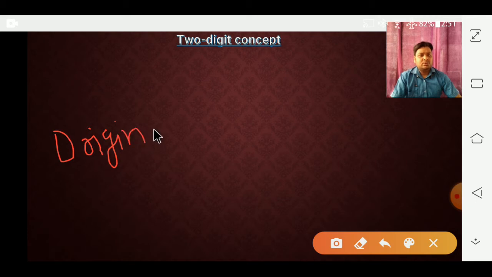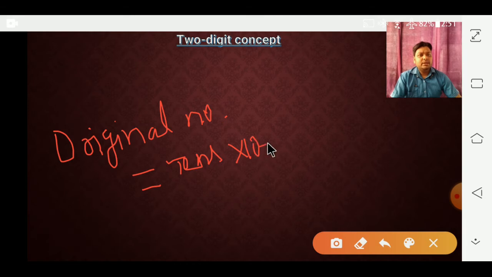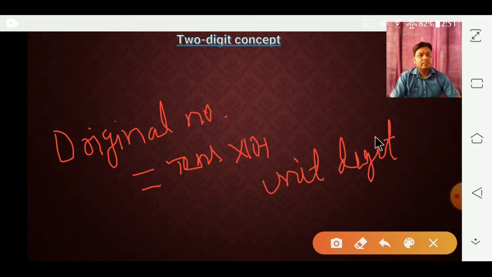Original number is equal to tens digit into 10 plus unit digit into 1. So this is the formula for the original number.